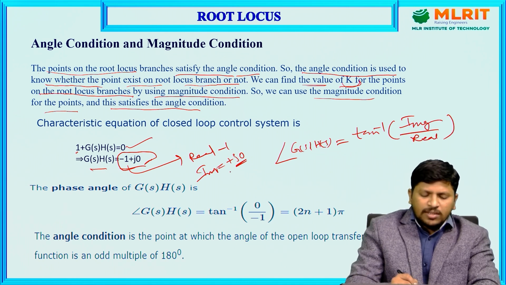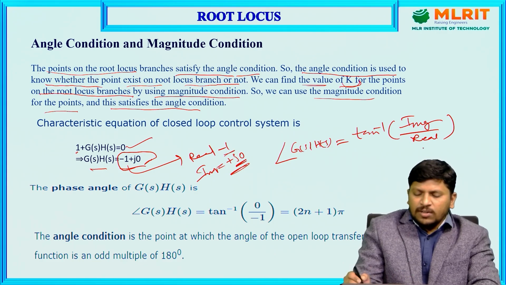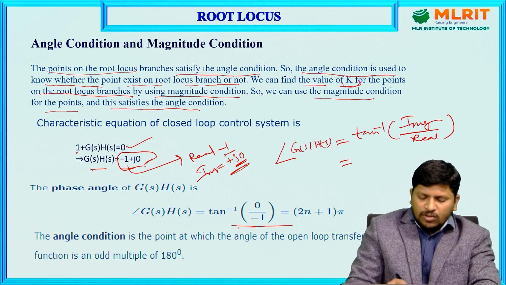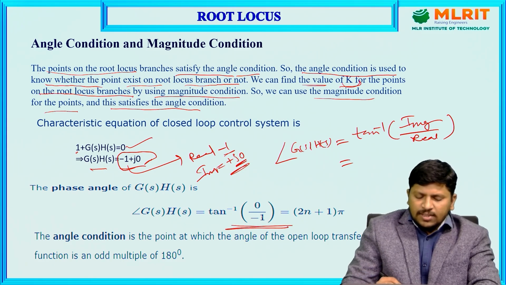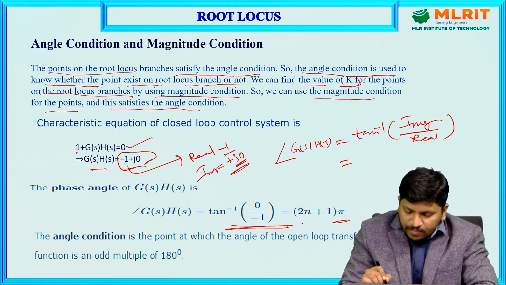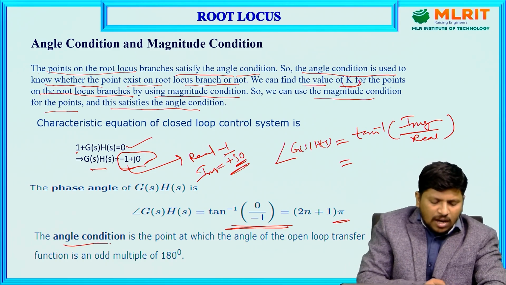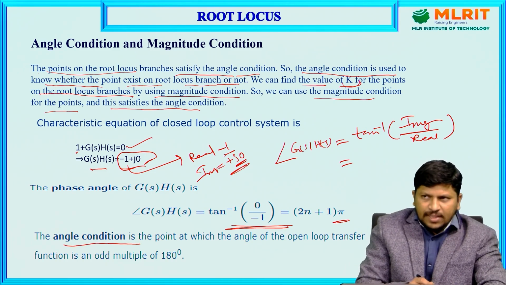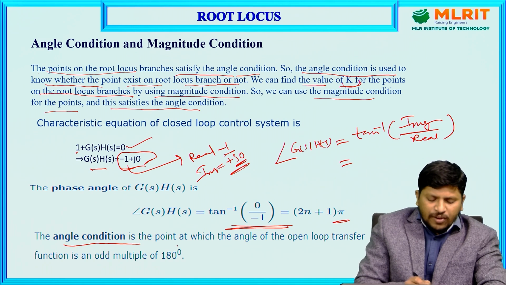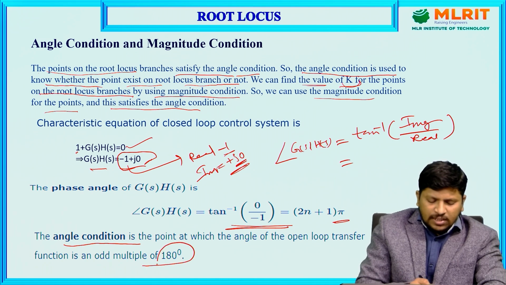Here the imaginary part is nothing but 0, the real part is nothing but minus 1. So 0 by minus 1, that is 0 by something. Tan inverse of tan 180, so tan inverse gets cancelled. So 180 degrees we got, 2n plus 1 multiplied by 180. So the angle condition or phase condition, the phase angle of the transfer function, is 180 degrees.